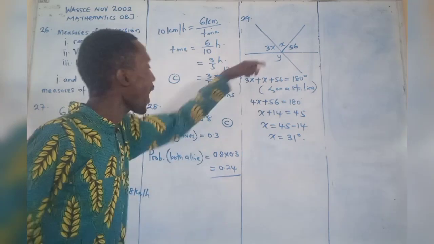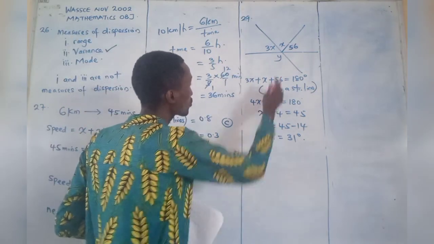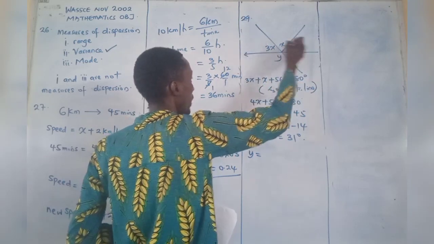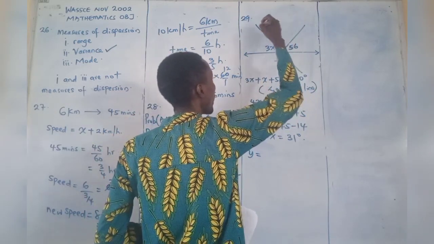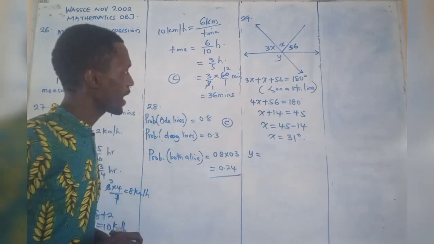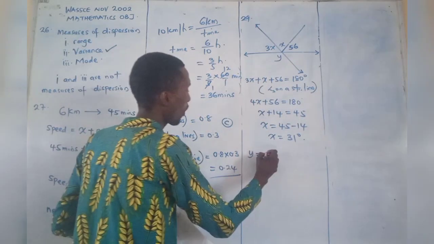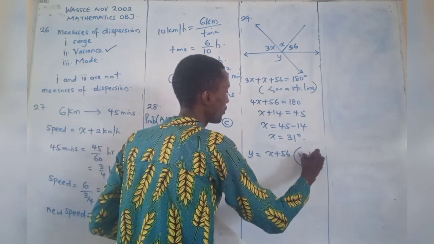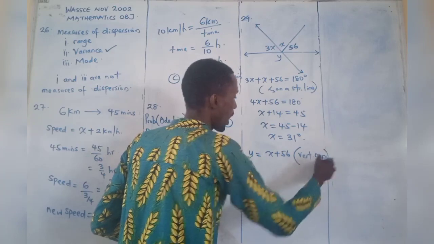Now, y is equal to... if you watch the way this is done, take note of where I'm putting arrows. You will observe that y is x plus 56. What's the reason for that? Vertically opposite angles.